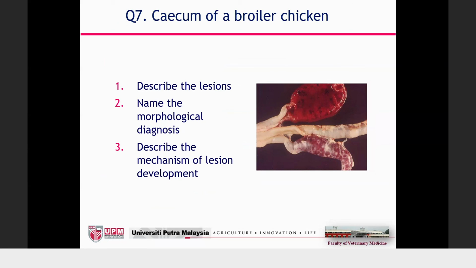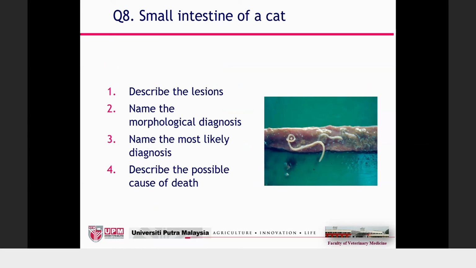Then in this case, again, I'm more straightforward, because this is the mechanism of lesion development. You can foresee that this is something like the question of stomatitis. The possible cause of death for this Ascaris is not due to the direct presence of the worm in the intestinal lumen.